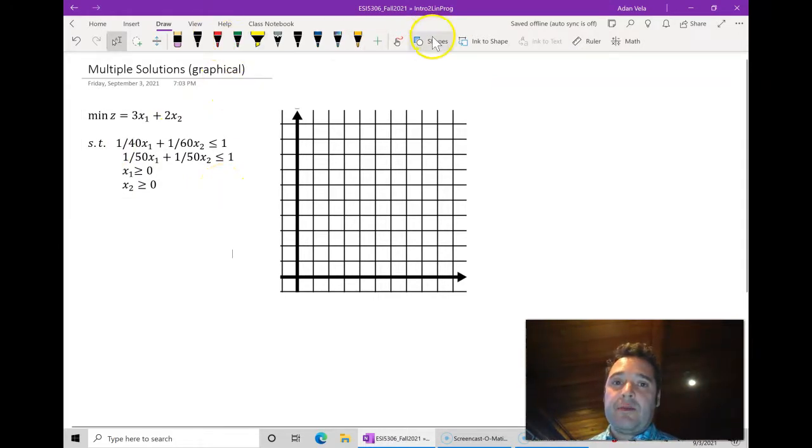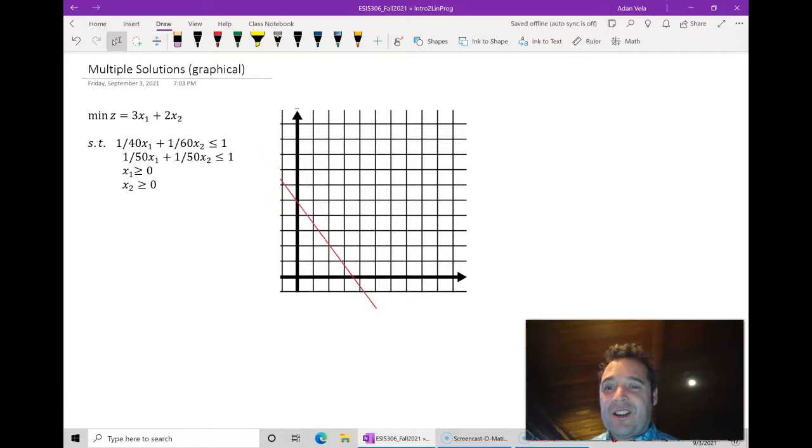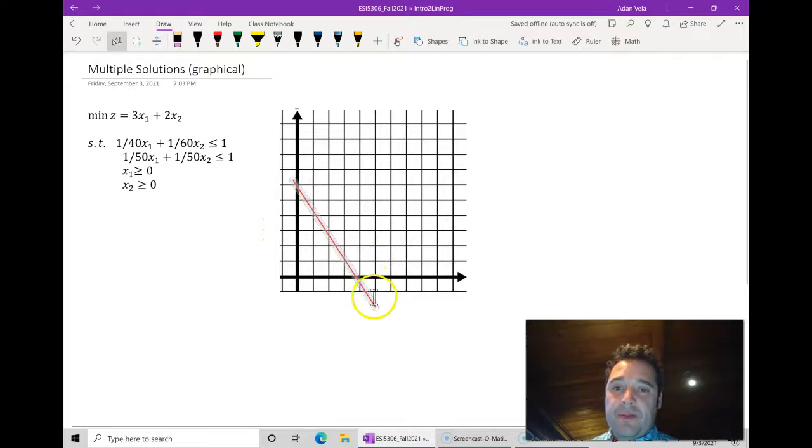I'm going to go ahead and draw in the constraint equations. The first one looks something like that. And again, the trick to doing these is just plug in 0 for one of the values and solve for the X-intercept or Y-intercept. 10, 20, 30, 40, 50, 60.